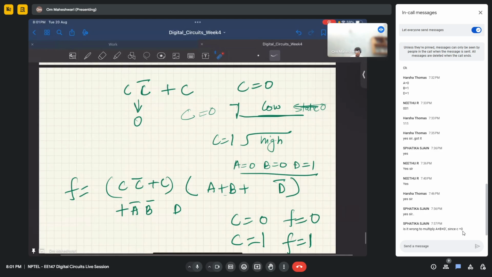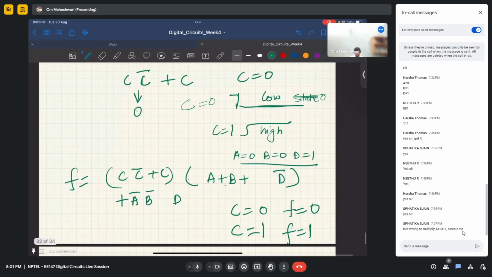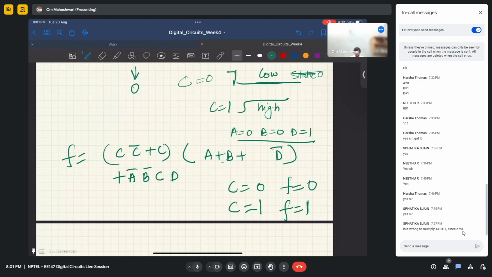So what we can do is multiply A plus B plus D bar here. Like this.